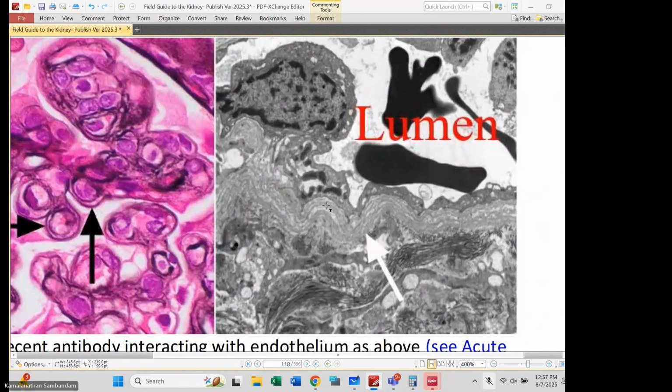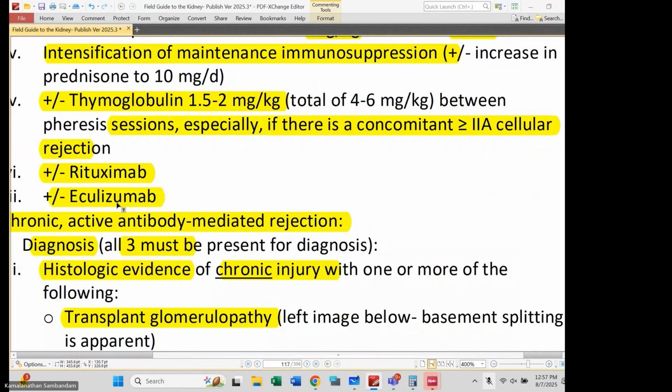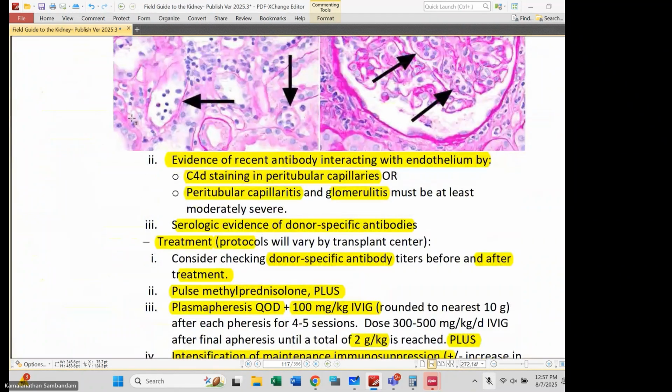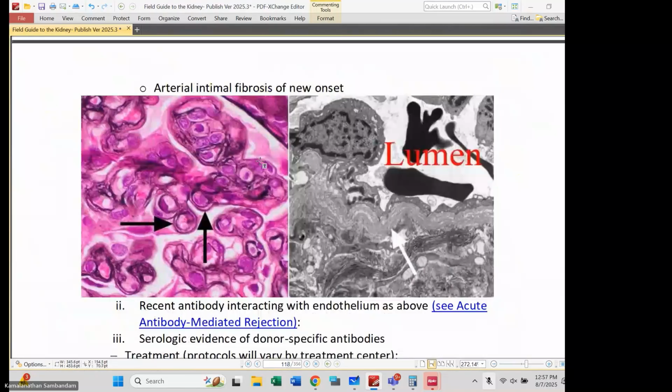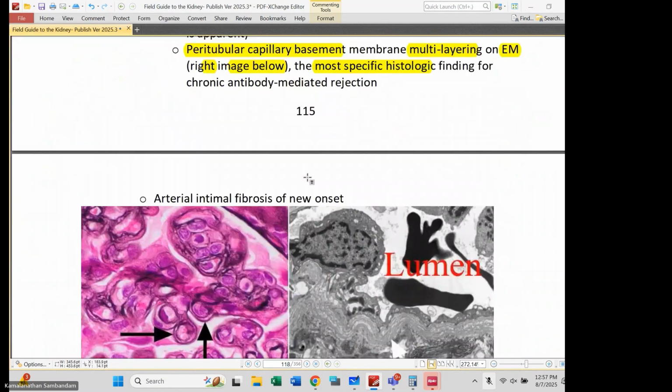So this is a classic appearance of this multi-layered peritubular basement membrane. And again, that should make sense to you, right? I just told you chronic endothelial injury causes this disordered basement membrane synthesis. We showed peritubular capillaritis, there's clearly inflammation involving the endothelium. Of course, we should expect some abnormal response of the endothelial cell to that chronic injury. Here's one of the most specific findings, the peritubular capillary basement membrane multi-layering. Okay?